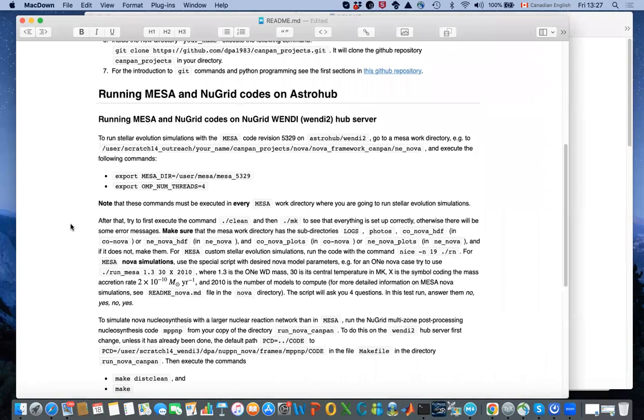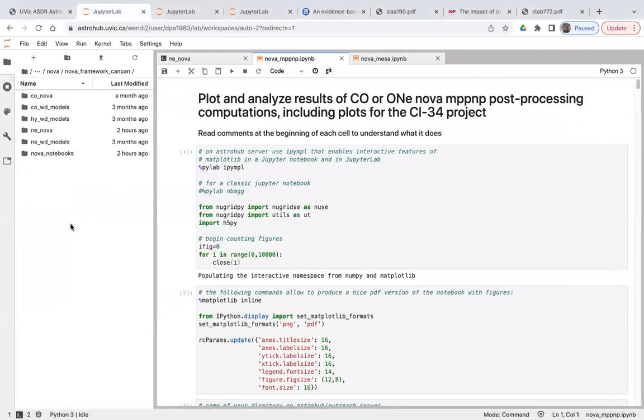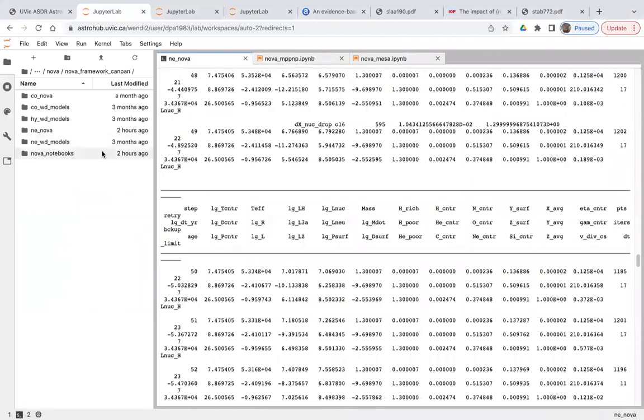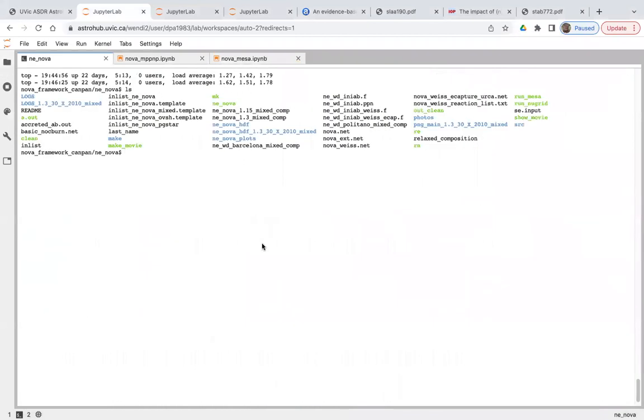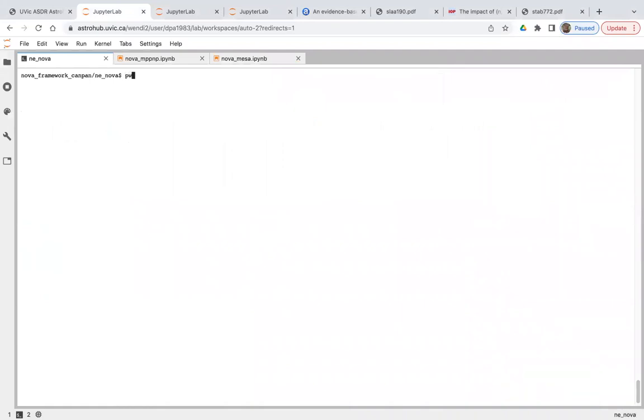So now I'm just going to illustrate what in principle can be done, right? So I'm going to close this one. As you can see, I'm in CaNPAN projects, NOVA, the nova framework CaNPAN, near nova subdirectory.